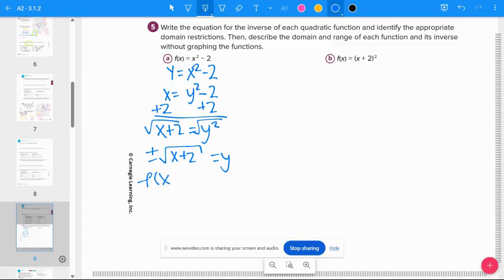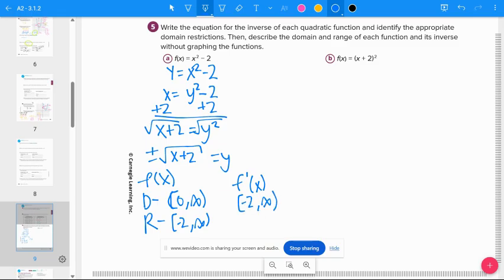So for f of x, our domain was a hard boundary at 0 to infinity, and our range was a hard boundary at -2 to infinity. For our inverse, the domain should be a hard boundary at -2 to infinity, and our range will be a hard boundary of 0 to infinity. So again, those are switched.